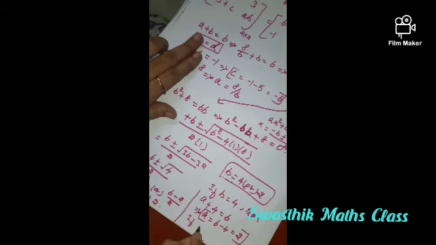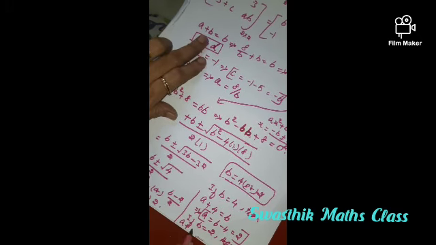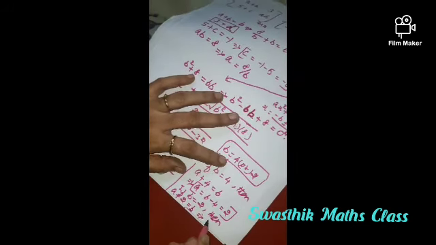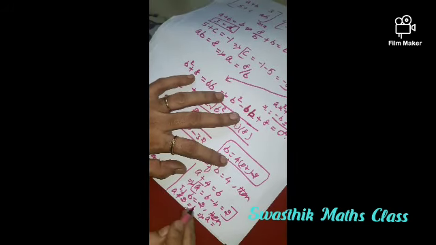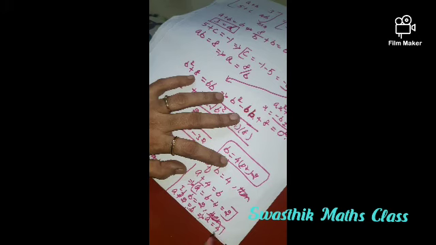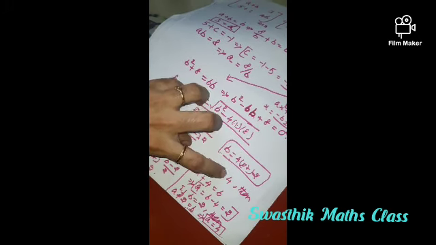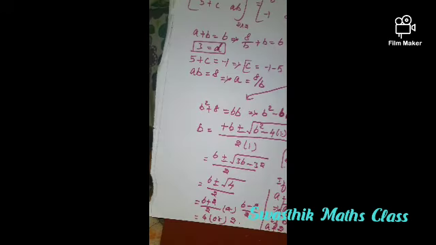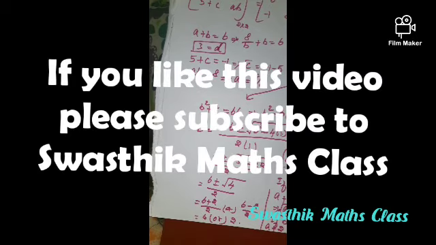Otherwise, if we take B is equal to 2, then A plus 2 is equal to 6 in this equation, so the value of A is 6 minus 2 is 4, right? If B is 4, then we get A as 2, and if B is equal to 2, A is 4. With this we shall wind up this video, and the remaining things will be seen in the next video. Thank you.